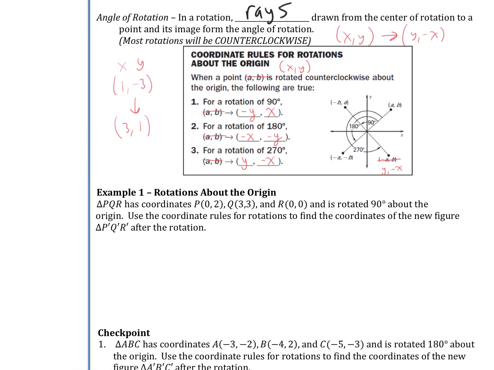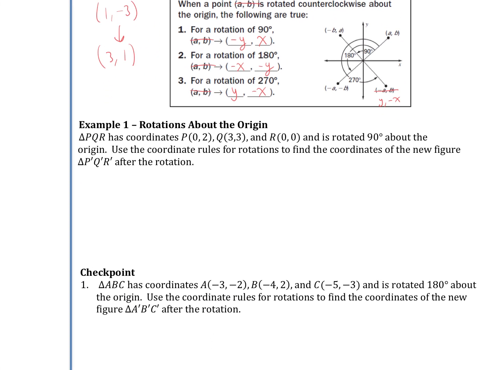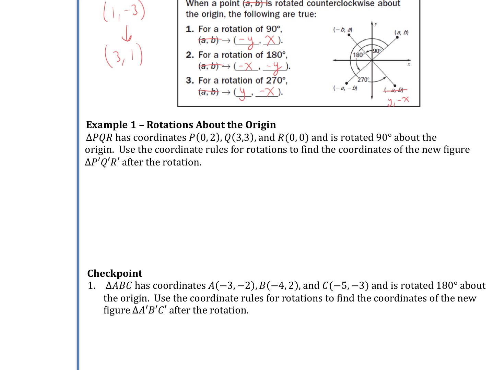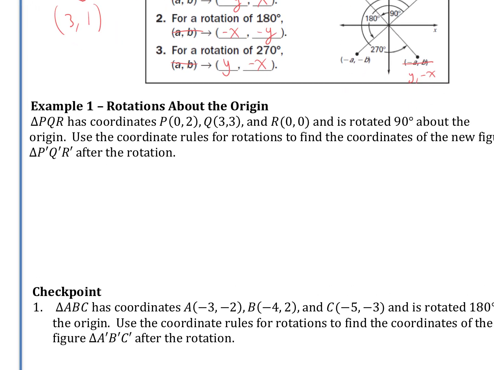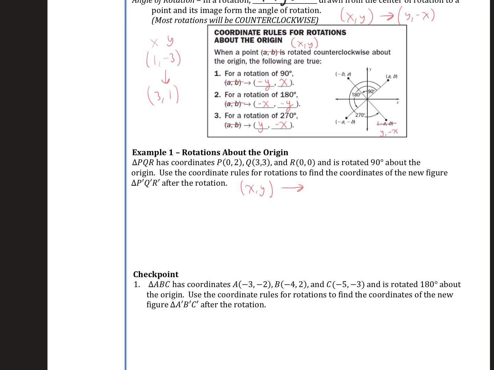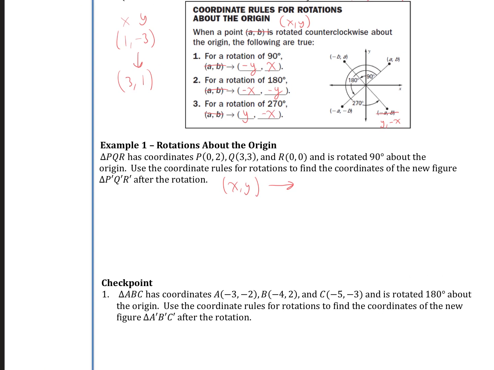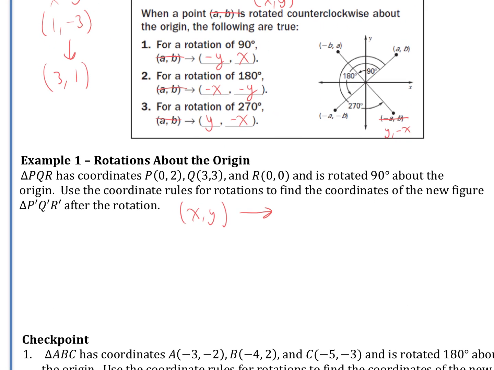So let's do some examples. We have triangle PQR with those coordinates, and we're rotating 90 degrees. So what's the rule? We have X and Y, and the rule for a 90-degree rotation is going to be the opposite of Y, and X, okay?